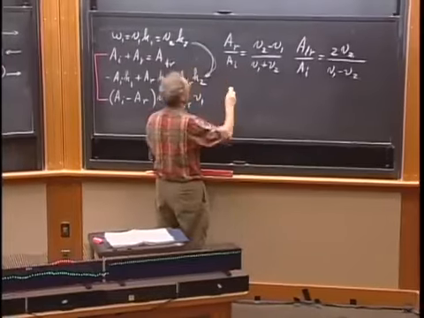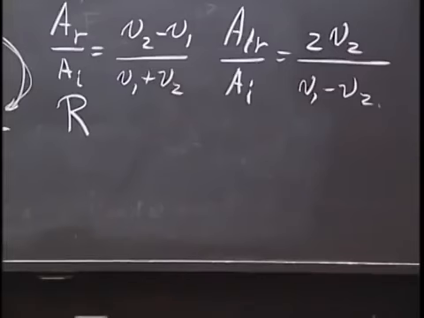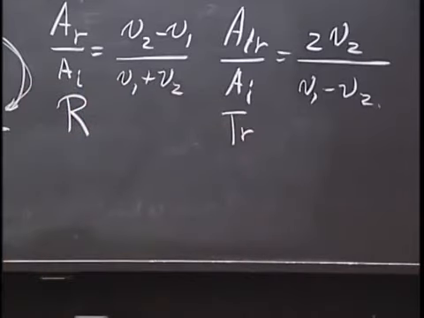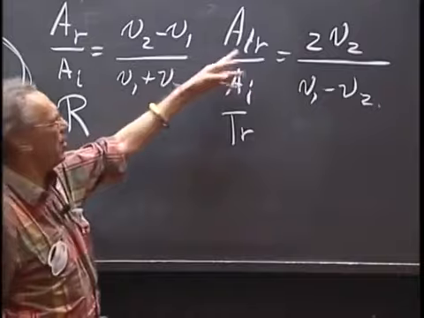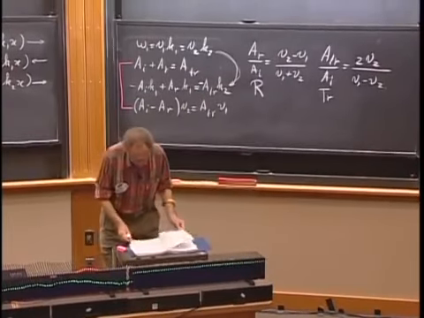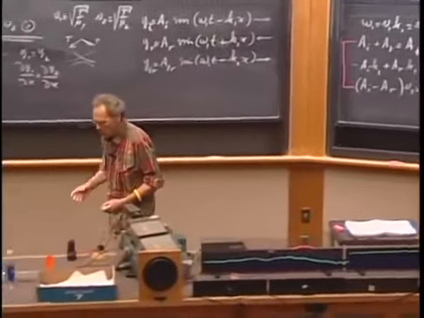Sometimes I call this with shorthand notation R, reflectivity, the ratio of amplitudes, and sometimes I call this shorthand notation T, transmittivity, the ratio of the amplitude that penetrates the second medium divided by the one that came in. That is just my shorthand notation.